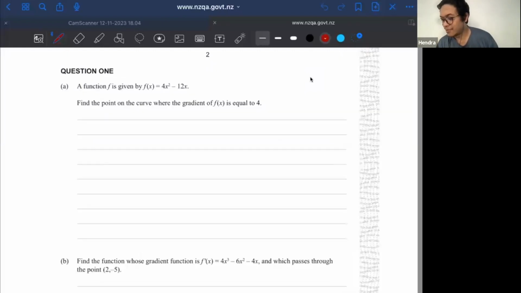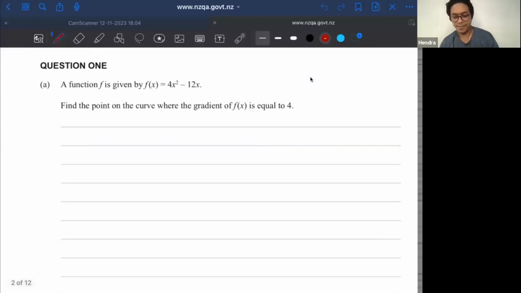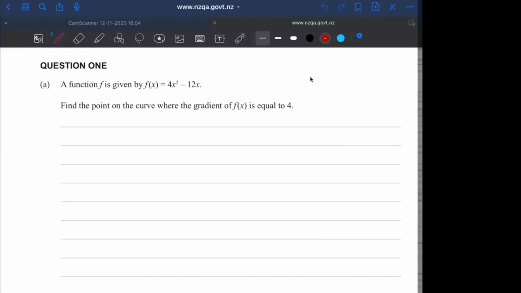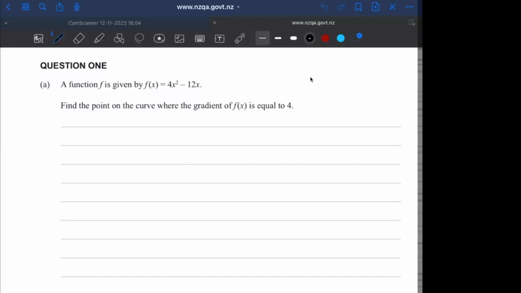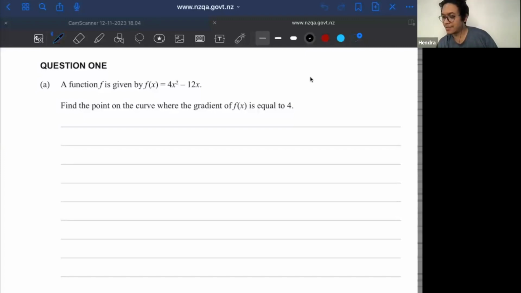Let's start with number 1. What do we have here? Okay, so it's the gradient one. The first thing I would do is find the point on the curve where the gradient of f(x) is equal to 4.